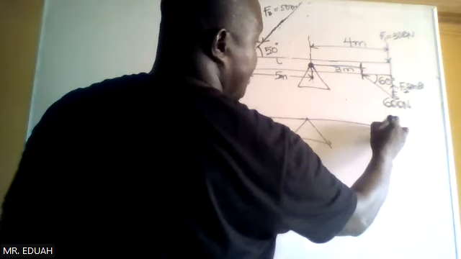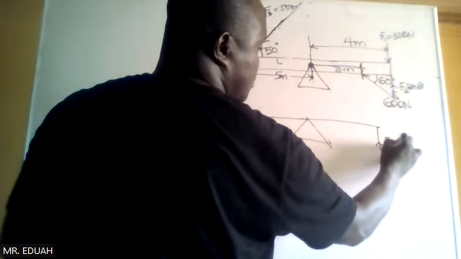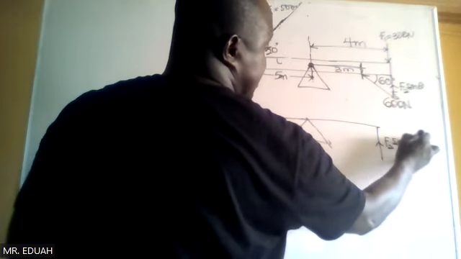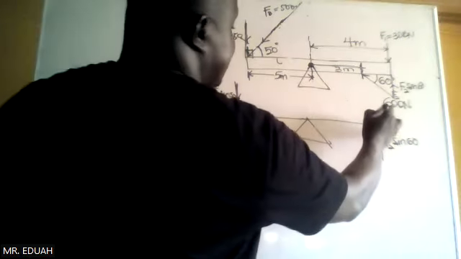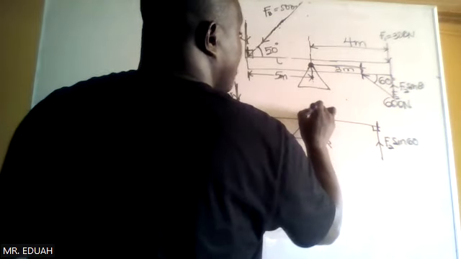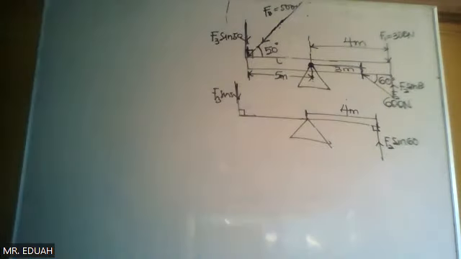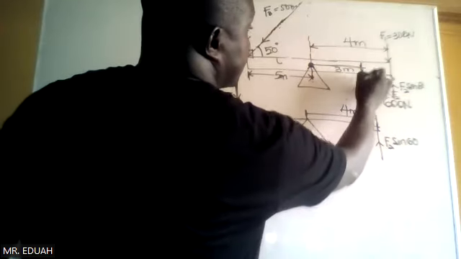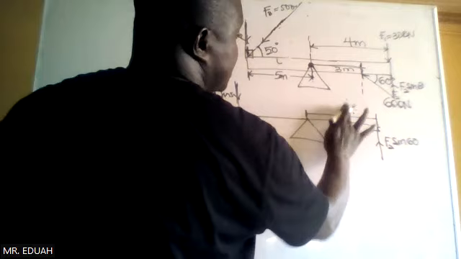So we have this component acting on the bar, F2 sine 60, at a distance of 4 meters away. Sorry, that is 3. This component is 3 meters.